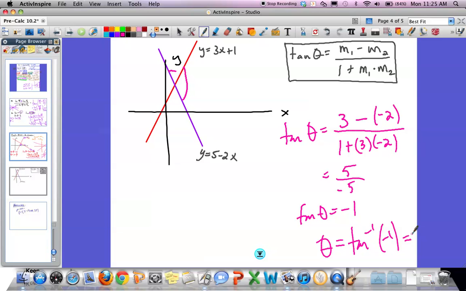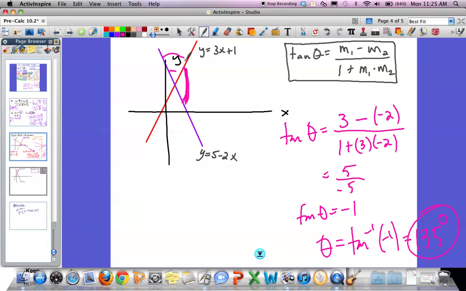Well, your calculator might say -40, I suppose. But we want to give the answer in terms of either an acute angle or an obtuse angle. So if your calculator says -45, what angle are we going to say? 135 degrees. And if I say 135 degrees, of course, I'm talking about this one right here.